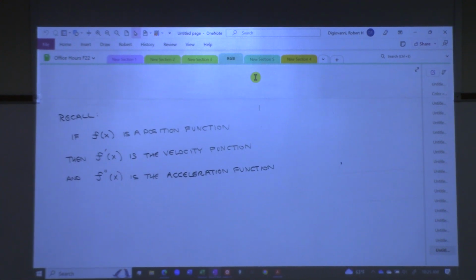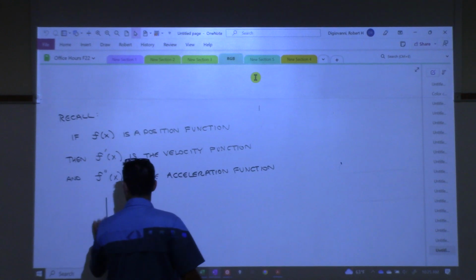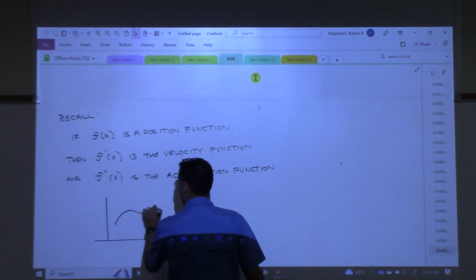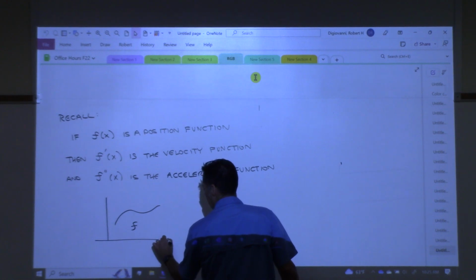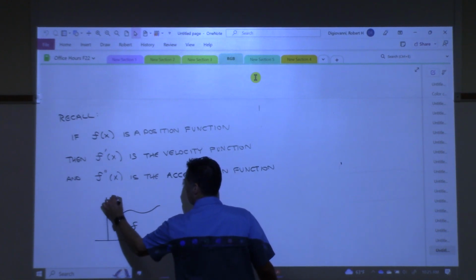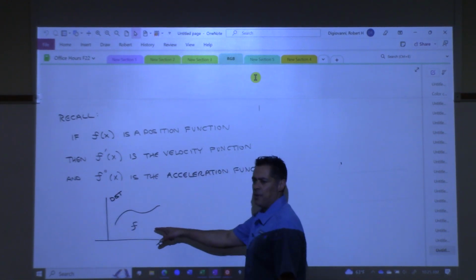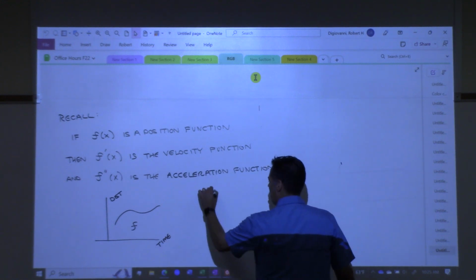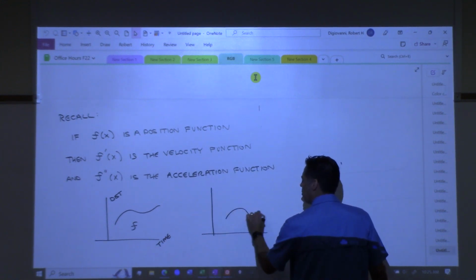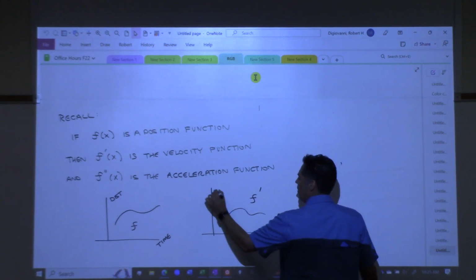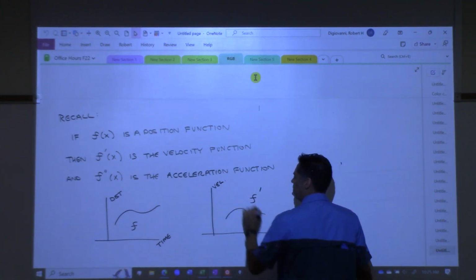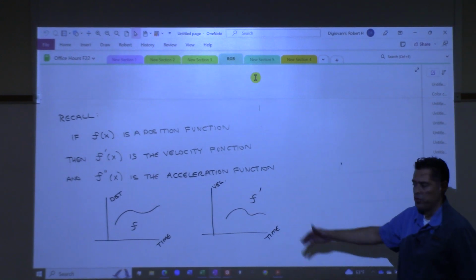All right, so in terms of a picture, if this is some function f, this is time, and this is distance, then that gives you position. If you then take its derivative and graph its derivative, this is time, and this is going to be your velocity. So you get the velocity function.